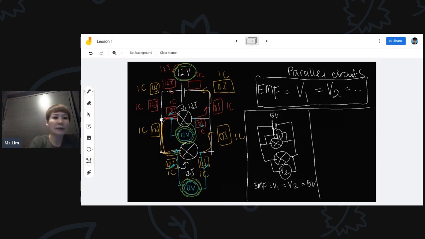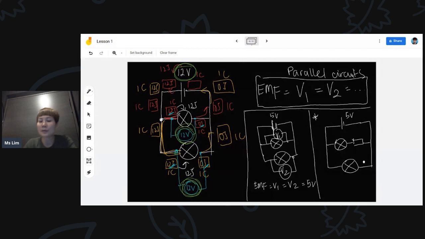Now, a tougher example will be the one here. Again, if this is 5 volt, but instead of having only one light bulb, I'll have 2 in the first path. Maybe let's change it to unknown resistors so that they would be different, and then a second light bulb in the other path.